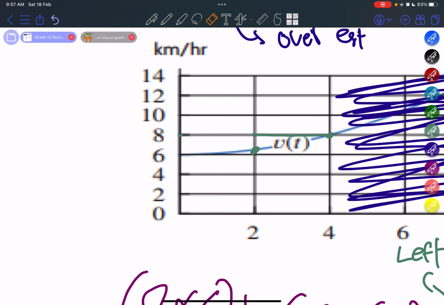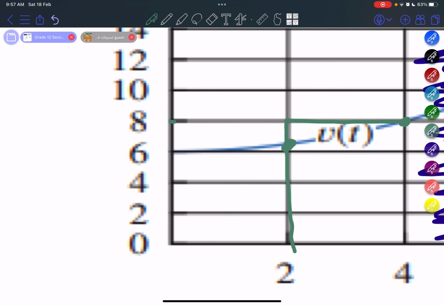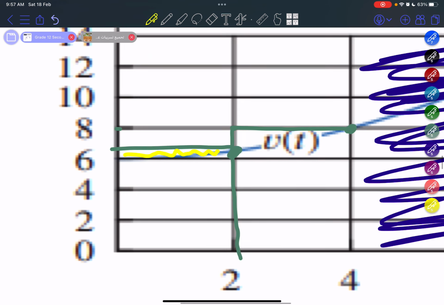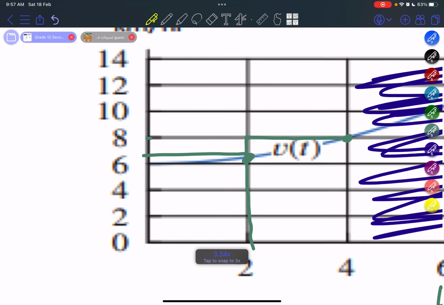Oops, wait, no. Goes like this. So you see very clearly that there's area above the curve, as you see here, for example. Hence this represents an overestimate.